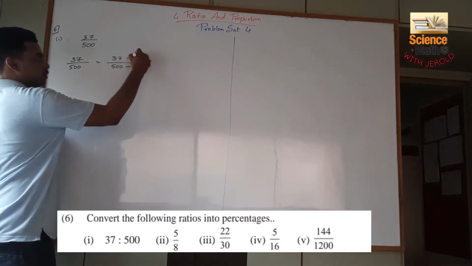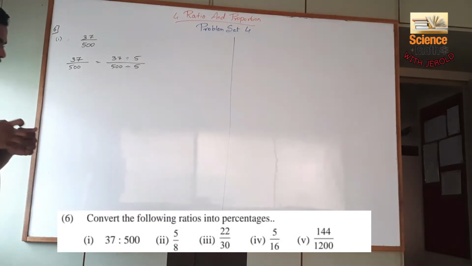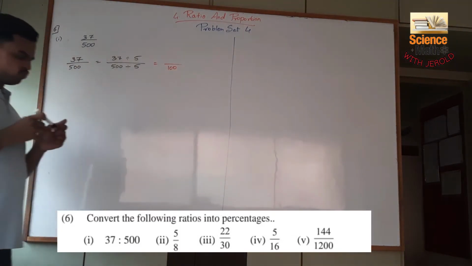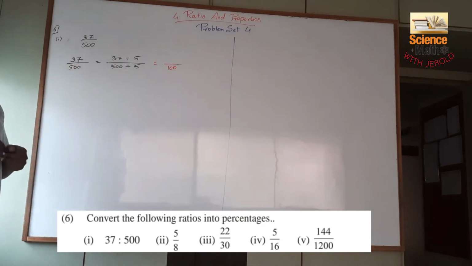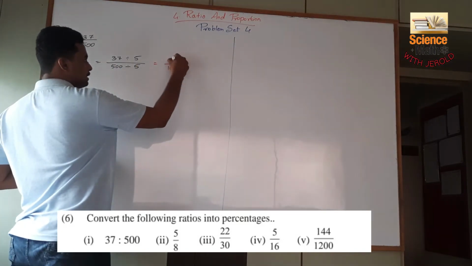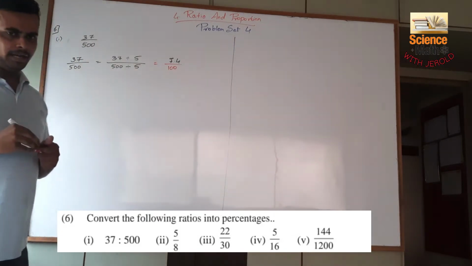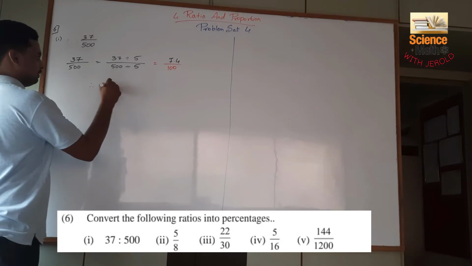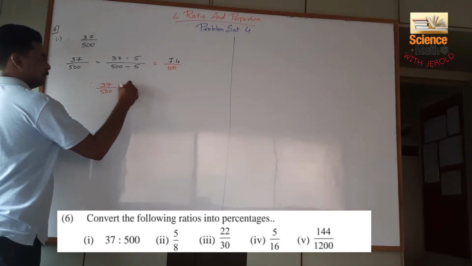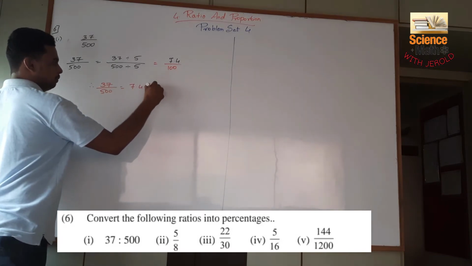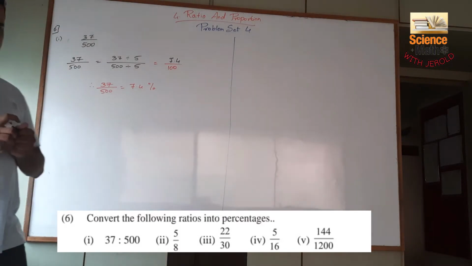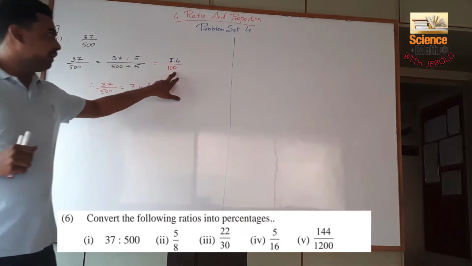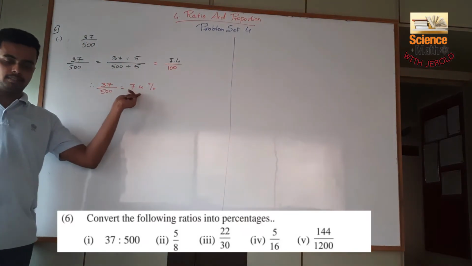Similarly, 37 also has to be divided by 5, which will give me the value of the denominator, that is 100. Now calculating 37 divided by 5, I will get the value as 7.4. This is my final value. Therefore, 37 upon 500 is equal to 7.4%. This is what I have to find in the first sub question. Now, I have 100 in the denominator, so this is my percentage.